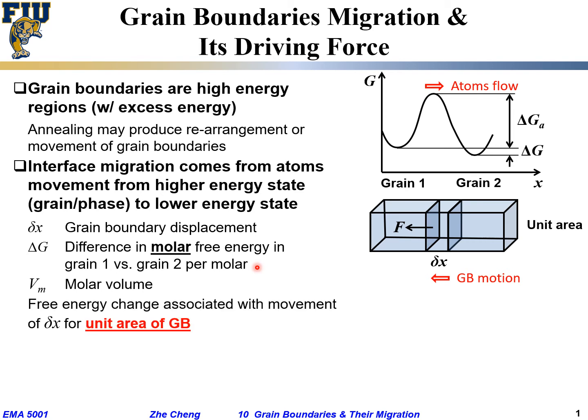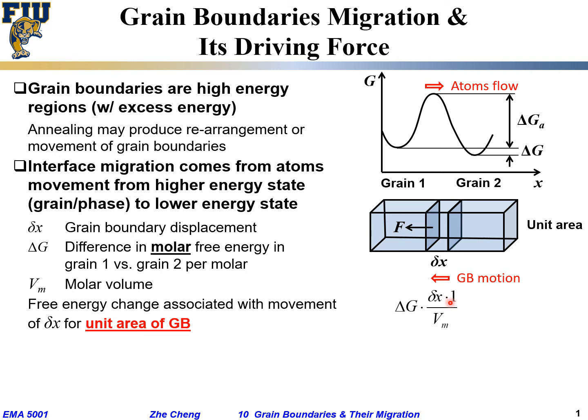As a result, the molar free energy change associated with the movement of delta x of the grain boundary for unit area, considering only unit area of this grain boundary, I write as this: delta G, how much energy per volume, times the total volume divided by the molar volume.